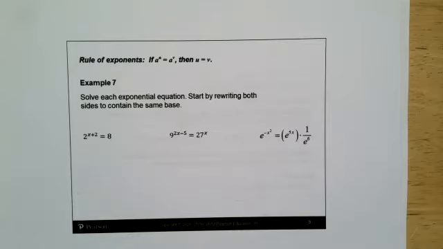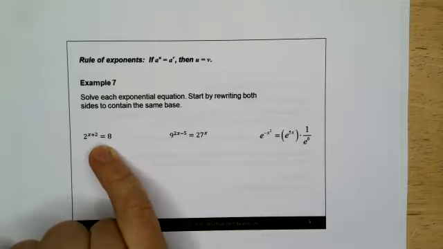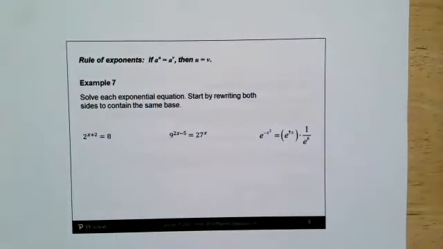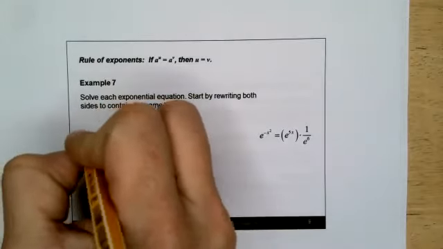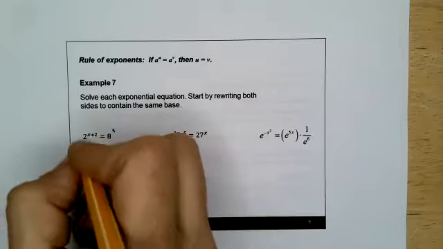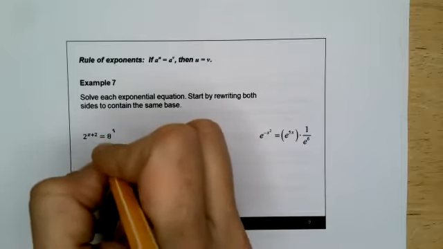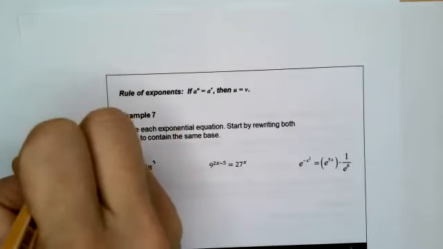So we're going to solve 2 to the power of x plus 2 equals 8 using this rule. Here we have a base 2 with an exponent x plus 2, and on the other side we have a base 8 with an exponent of 1, right? Is there a way to make 2 and 8 into the same base? 2 times 2 times 2 is 8, right?